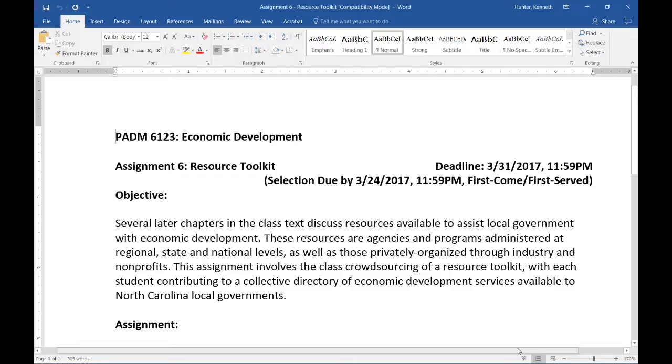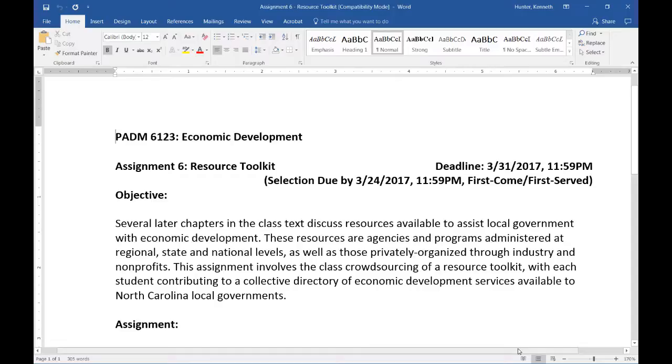So the resource toolkit is about putting together a little set that each of you will contribute to, and it will enable you to provide some basic information about who one of these resources is.